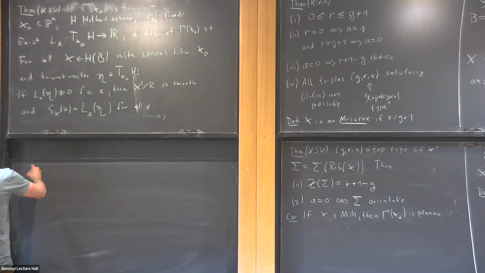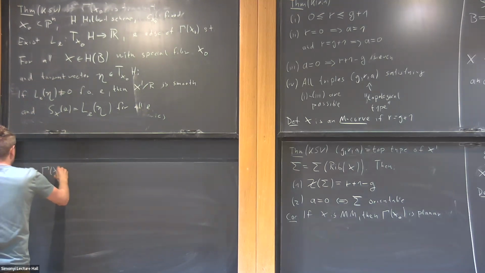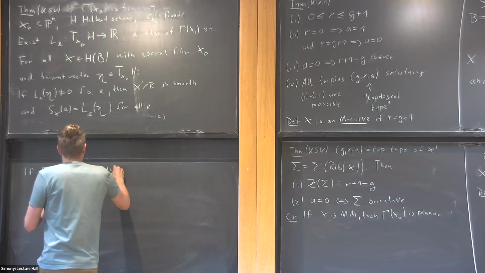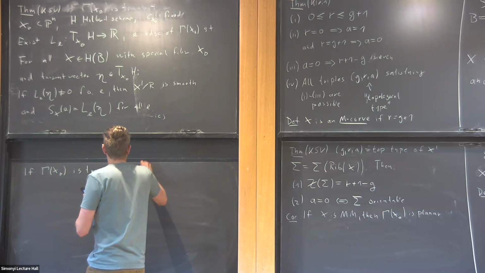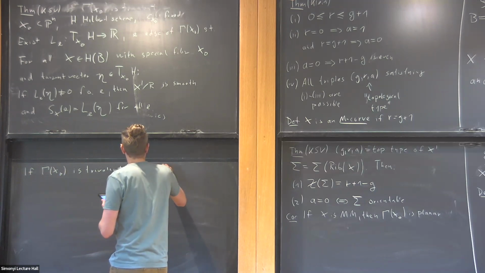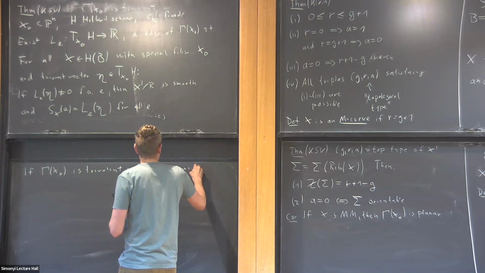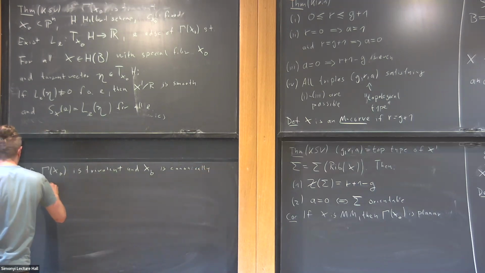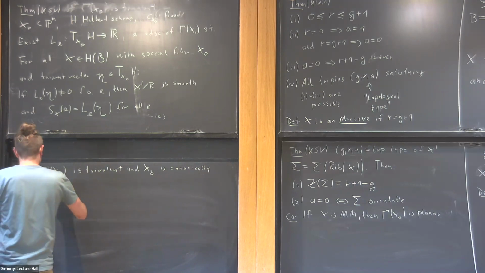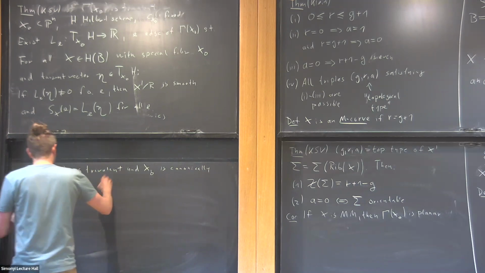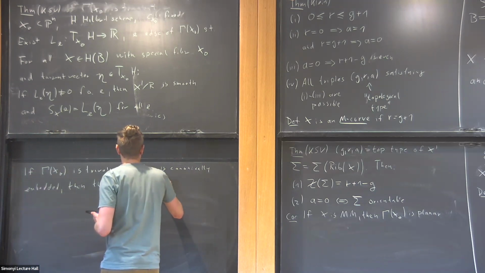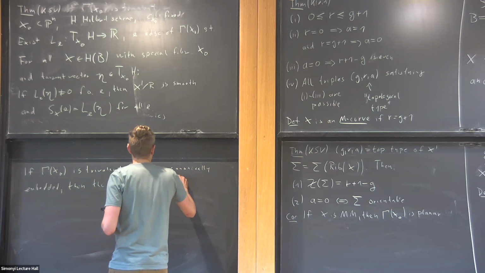I don't know in which situation it's non-zero, but if this is trivalent and X naught is canonically embedded, then the LE are really independent.